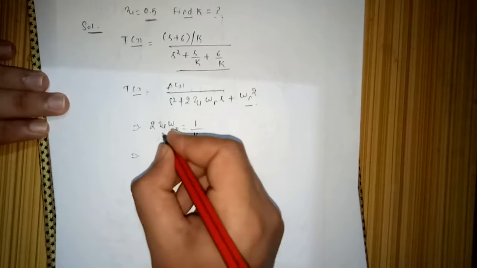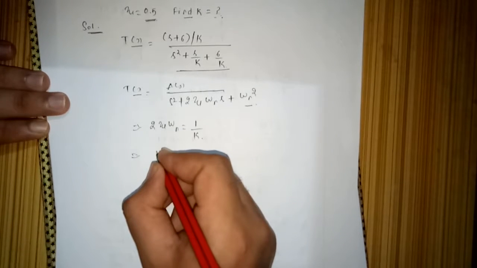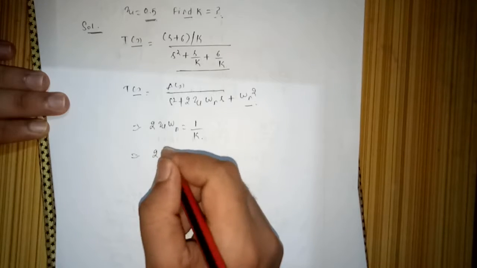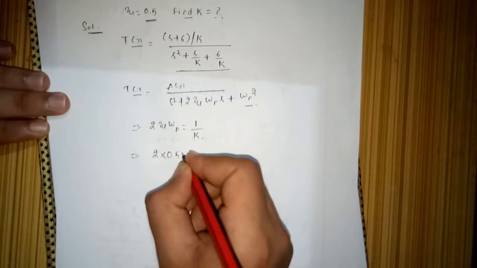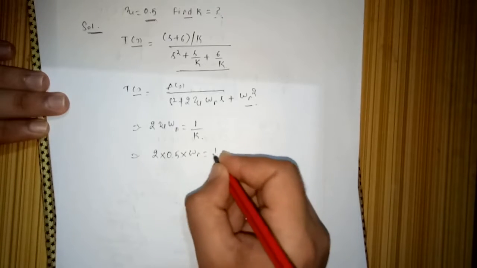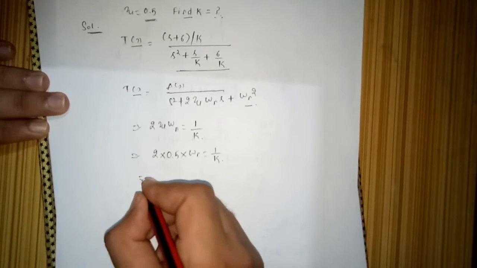Now I have already got zeta, so 2 into zeta, given 0.5, times omega n is equal to 1 by k, right?